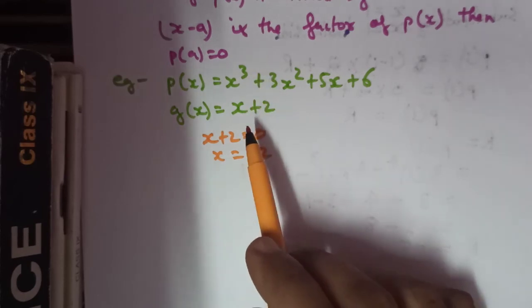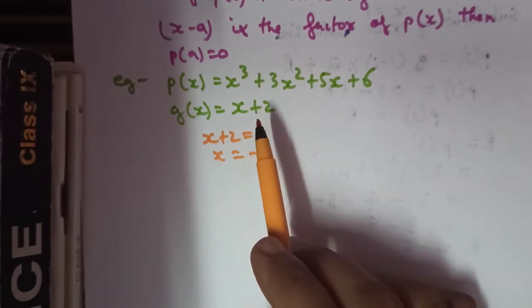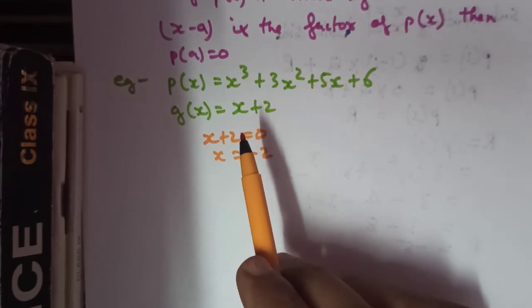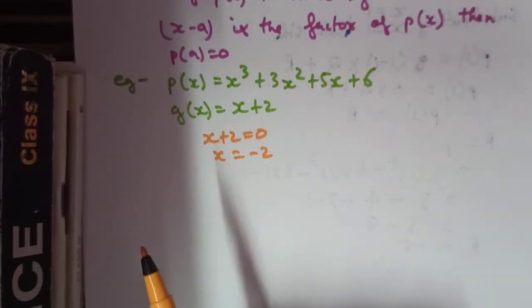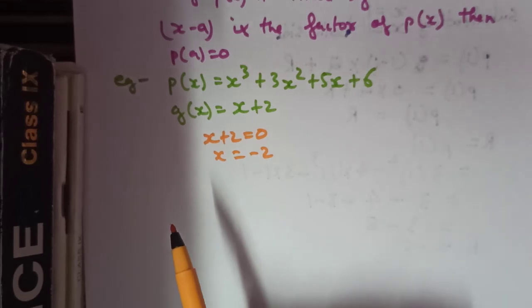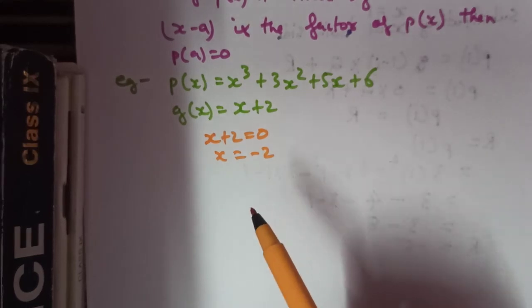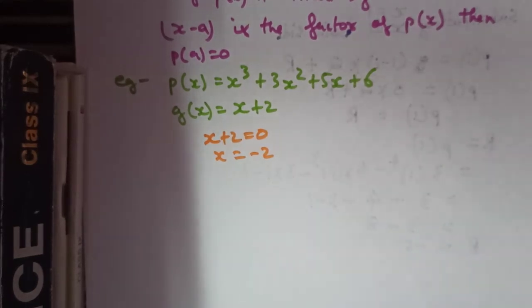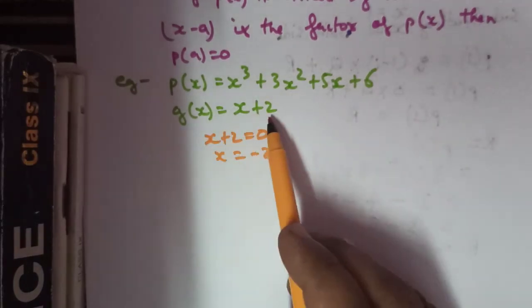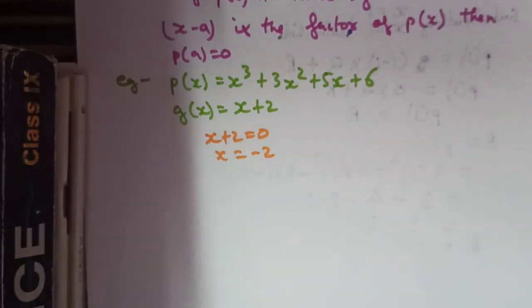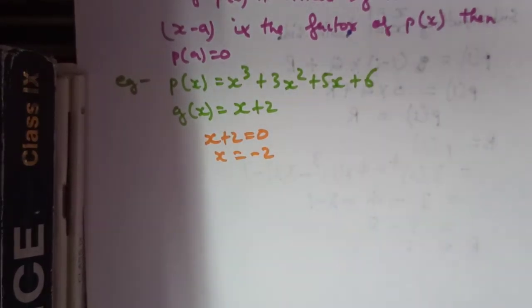So if p(x) is divided by g(x) and the value of p(a) is equal to 0, then x minus a is a factor of the polynomial p(x), and if the value of p(a) is not equal to 0, then the given polynomial x plus 2 is not a factor of p(x). So whether x plus 2 is a factor of p(x) or not, we can find out by calculating the value of p(a). So let us find out the value of p(a) here.